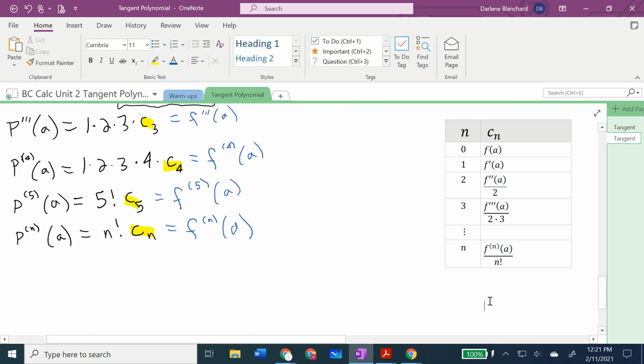This is an extremely important formula. And when I say extremely important, I'm underemphasizing.